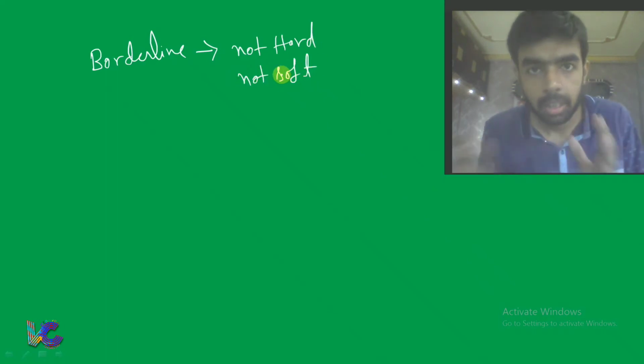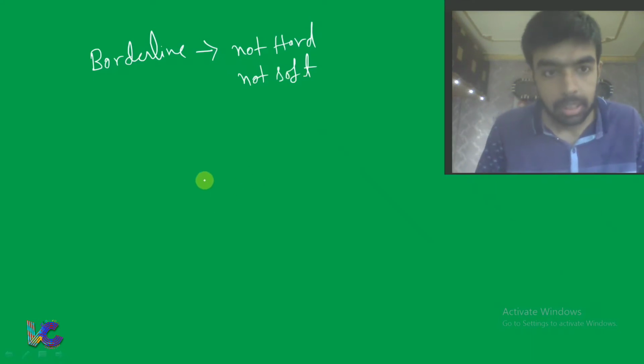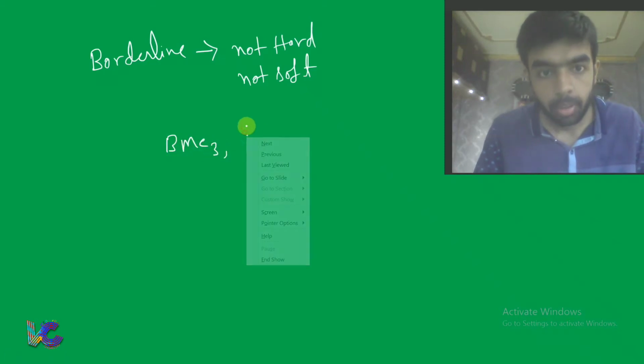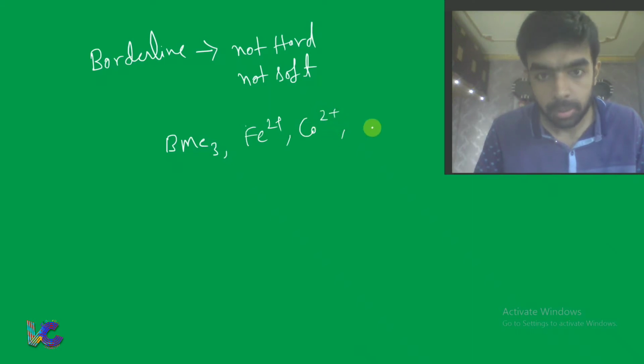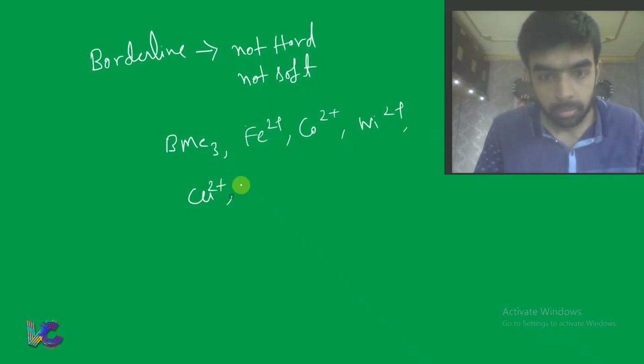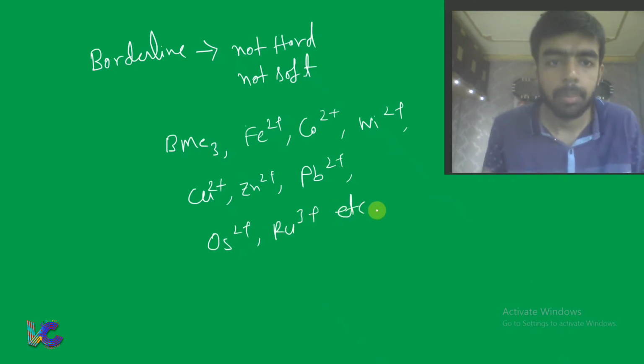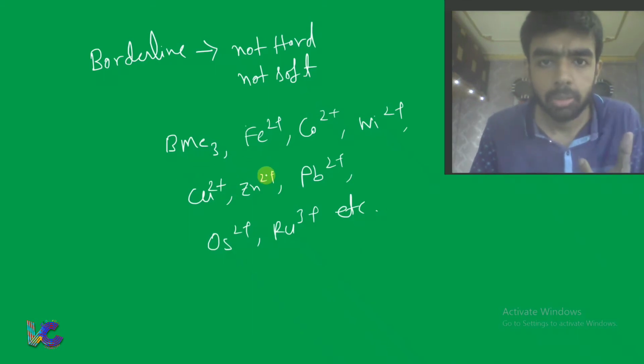So these are in the borderline, not so hard, not so soft. Examples of borderline are BMe3, Fe2 plus, Co2 plus, Ni2 plus, Cu2 plus, Zn2 plus, Pb2 plus, like this.